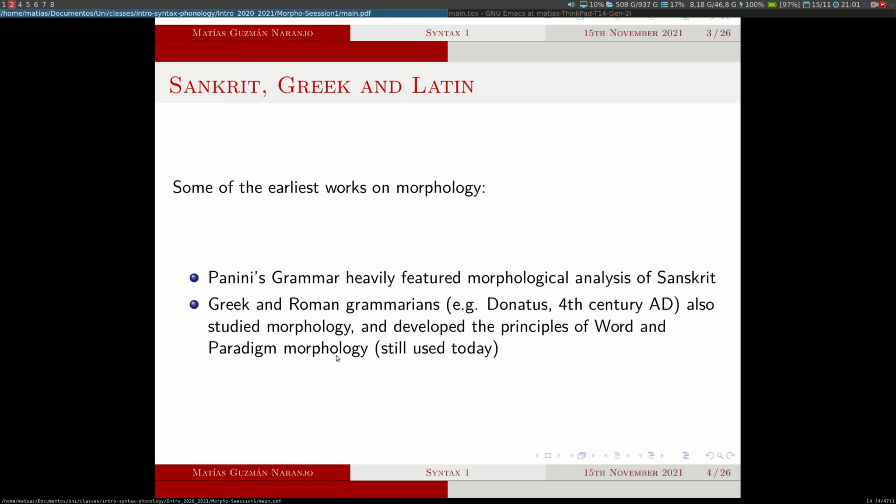And this theory of morphology, I don't think that we'll have much time to go into it, but it's still used today. I subscribe to it, and some other professors at the institute also subscribe to this theory of morphology. It's not the most common one, and it's not the most popular one, but it's still around, and it was invented over 2,000 years ago.